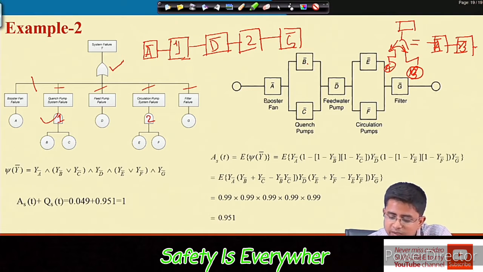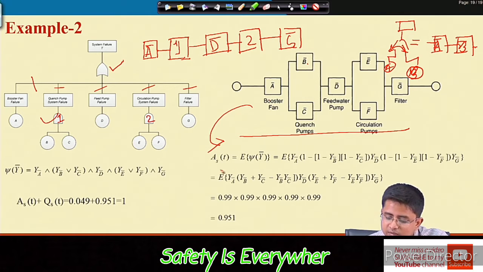We can see that A bar is in series with B bar and C bar in parallel, then again D bar is in series, E bar and F bar are in parallel, then G bar in series. Now we have the reliability block diagram, and from it we can calculate the structure function.